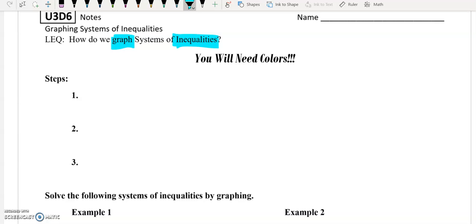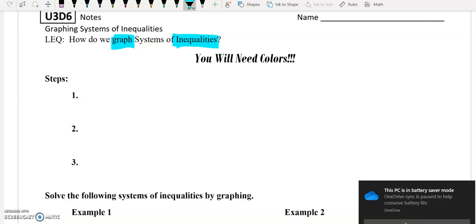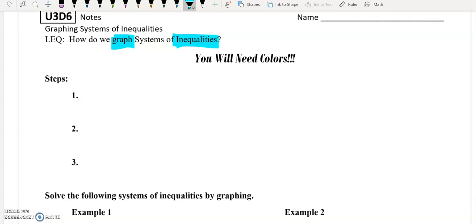Anytime we went to graph an inequality, what we did was draw in the line, decide whether it is solid or dashed based on if it was an equal to or not equal to type problem, and then finally we would decide whether we were shading above or below based on whether it was greater than or less than. When it comes to systems of inequalities, the idea is the same, except the only exception here is now we're doing it twice.